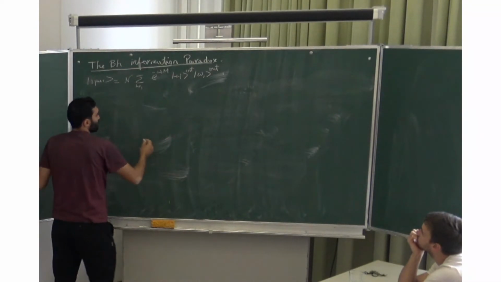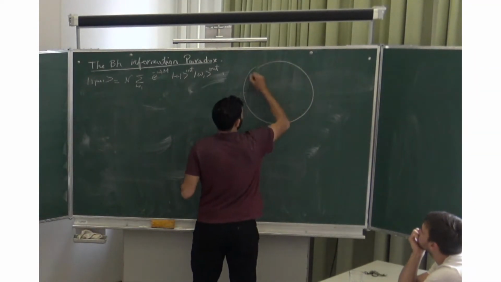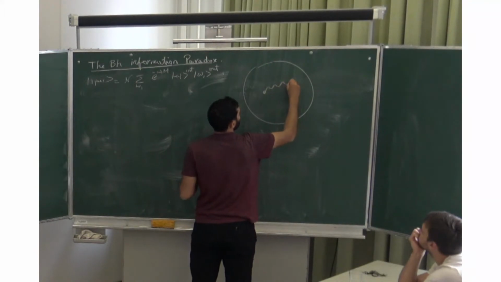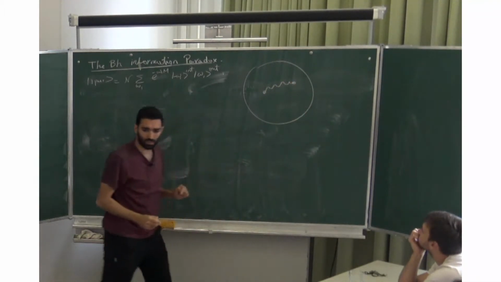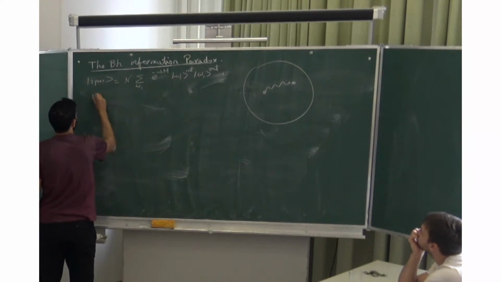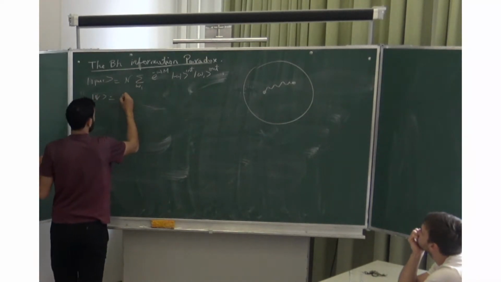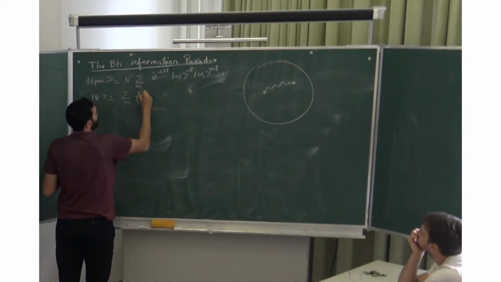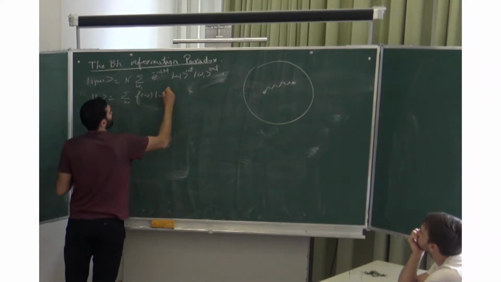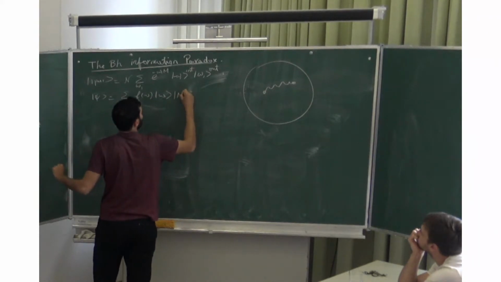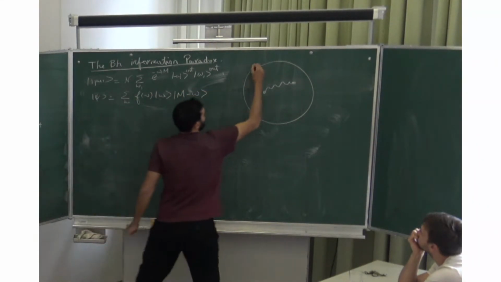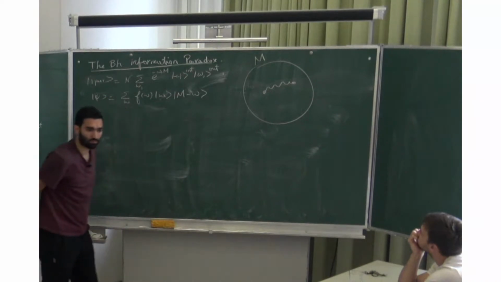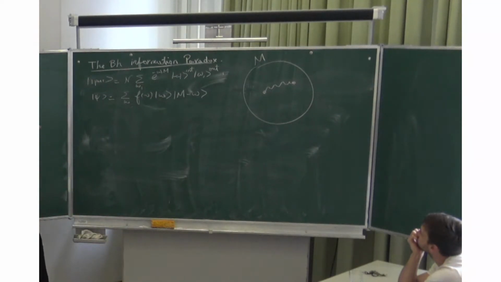Now we take a black hole, which is a very simple, funny toy model, made of two particles in a general state which can possibly be entangled. It's the sum over omega, f of omega, omega, and m minus omega, where m is the total black hole mass. Very simple.